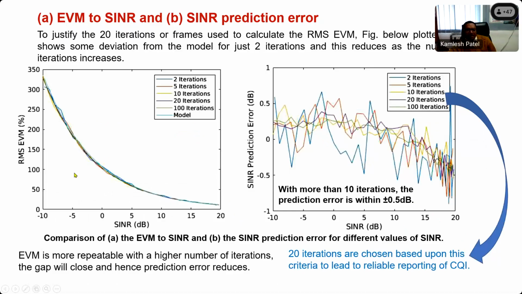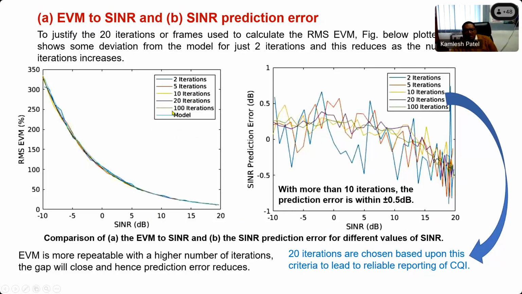One more measurement they have done: for the same signal, they did the measurement multiple times, so 2 times, 5 times, 10 times, 20 times measurement. They found there is a very small variation in the value of EVM if more measurements are done.